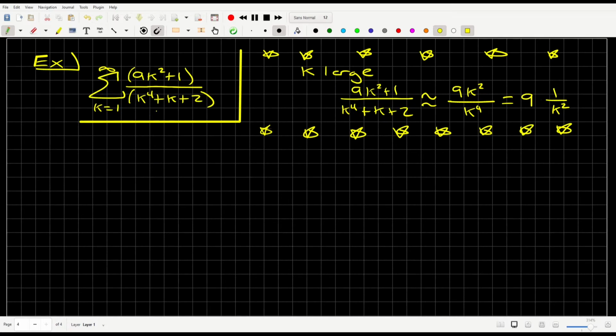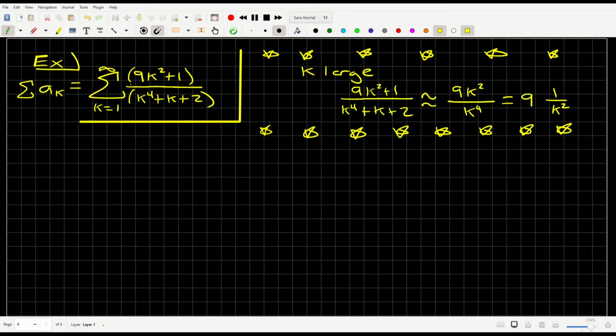So, just like before, this is the sum of our aks, or our complicated series. I want to make sure that I'm being very clear here. This is 9, not a.